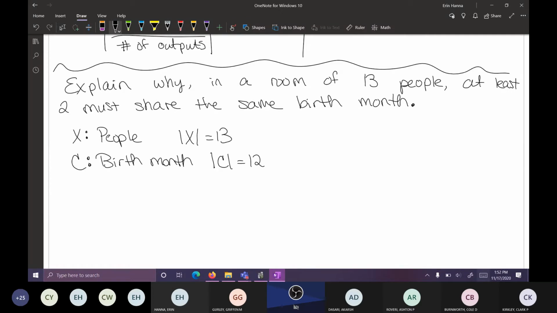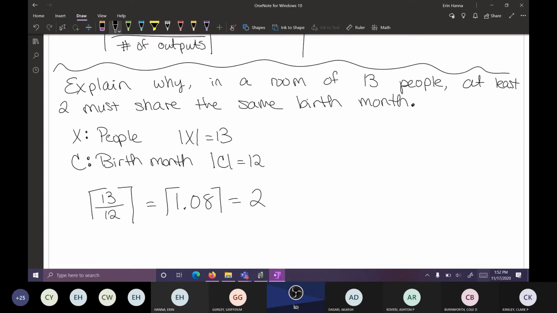And if we didn't know the number 2, we would have found it by taking the inputs divided by the number of outputs and taking the ceiling of that number. So this is the ceiling of 1.08, which is 2. So there must be at least 2 people in that room that have the same birth month.